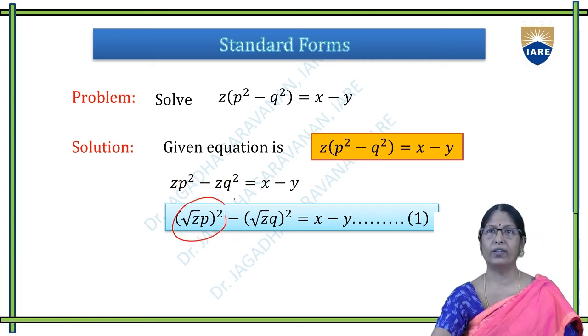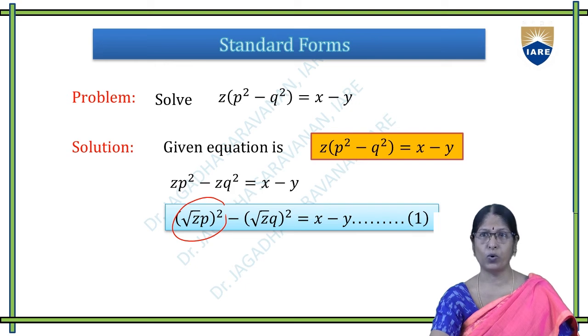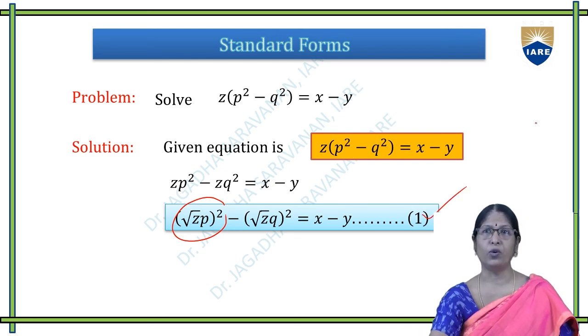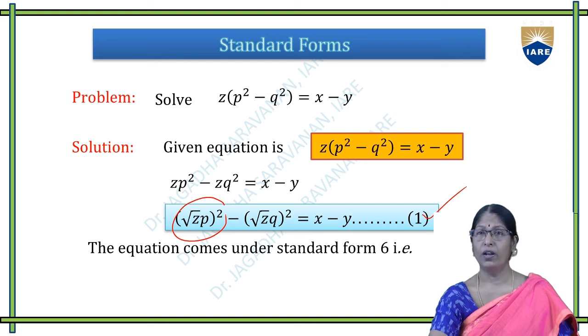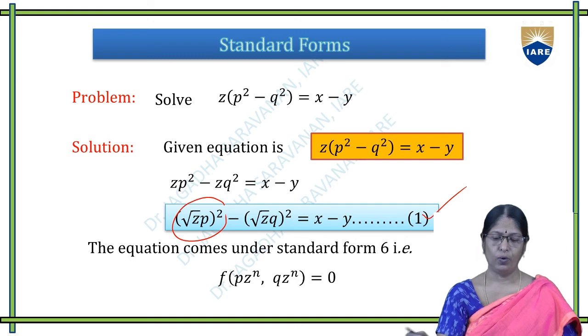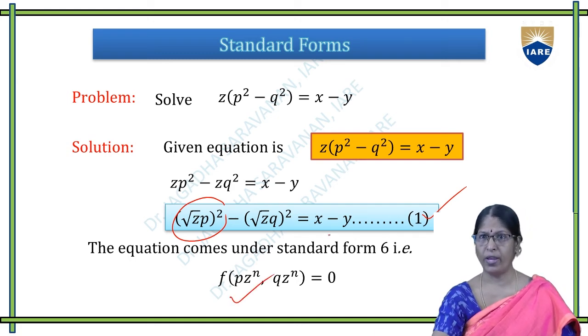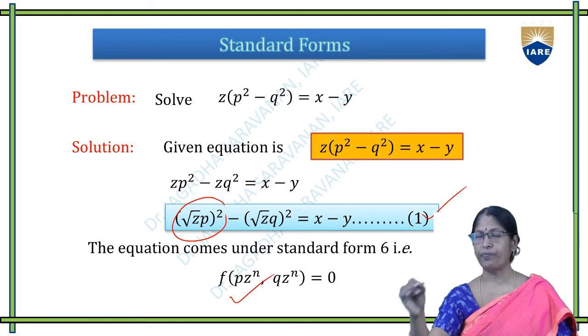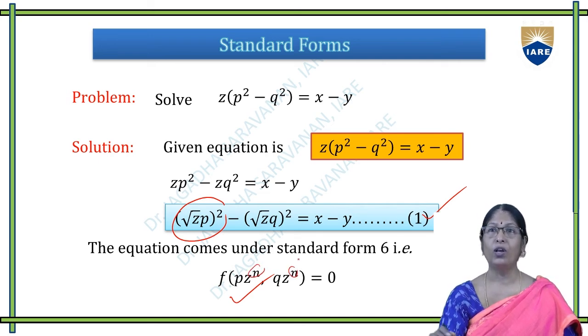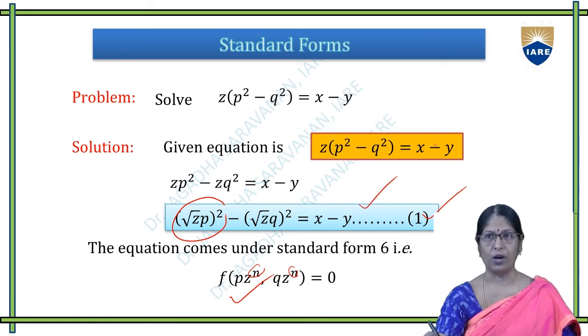That is, here we can see it, root z p the whole square minus root z q the whole square, which is equal to x minus y, that is equation 1. Now the given equation comes under standard form 6. We can say it's a correct format. That is, p into z power 1 by 2. So our n is playing the role of 1 by 2 according to our problem.